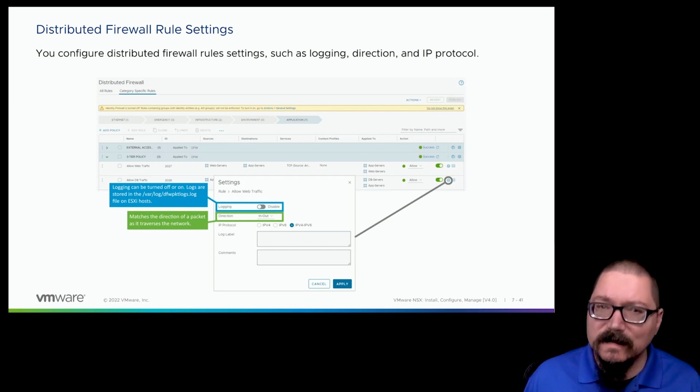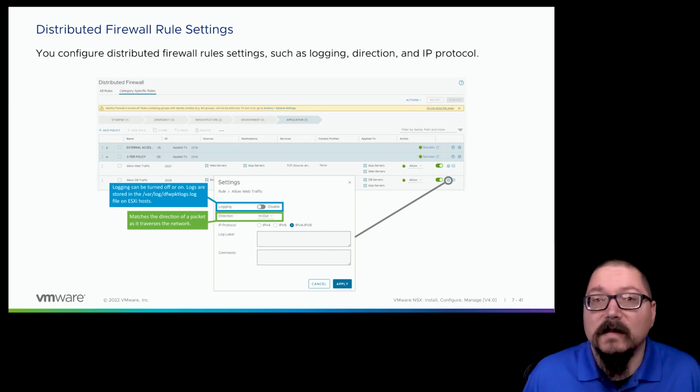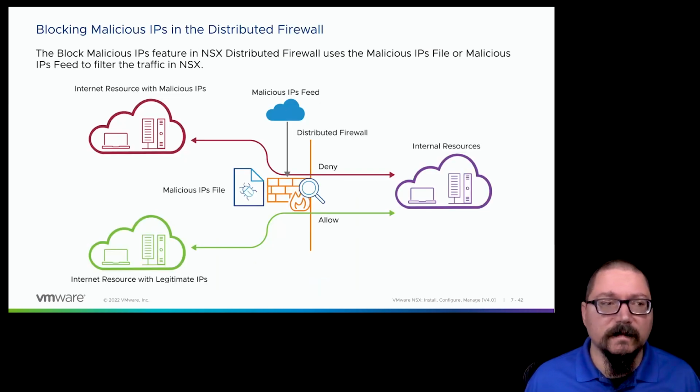In a lot of cases, we can leave these as the default. Maybe we'll enable logging, but the default in and out direction, right? That's in and out of the destination. And the default protocol IPv4 and IPv6 gives us a lot more flexibility, just in case we move from our IPv4 or IPv6 only networks, or just in case we apply these rules to networks that maybe have mixed protocols.